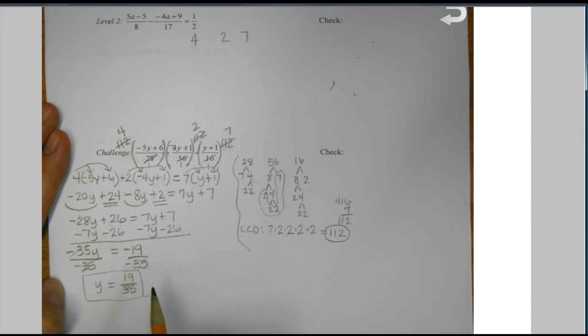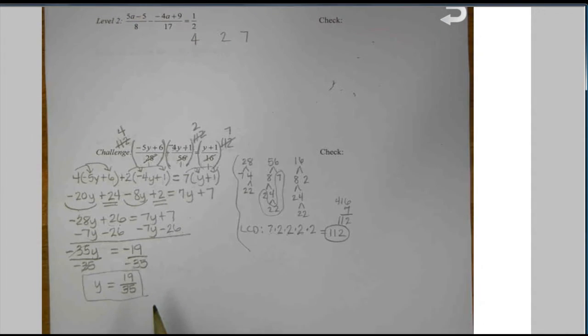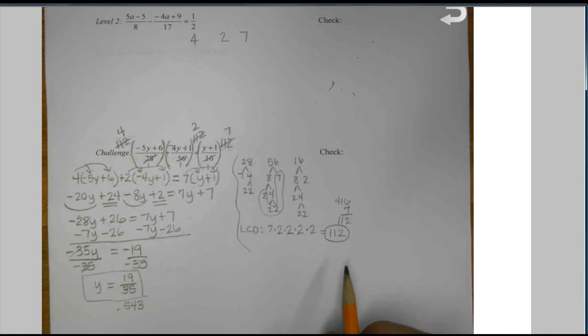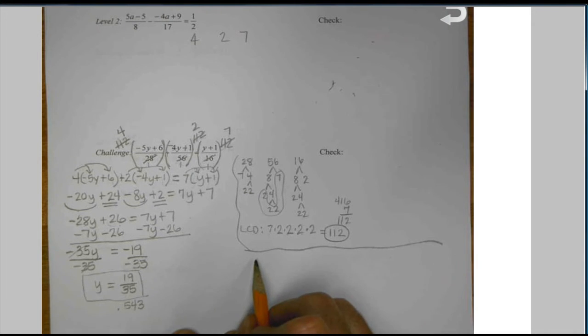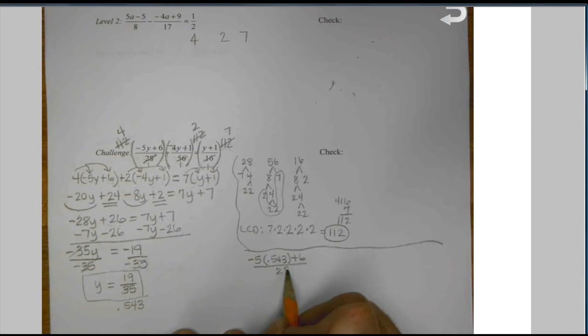Now, to check this problem, I could convert 19 over 35 into a decimal by doing 19 divided by 35, and I get 0.543. We'll go out 3 decimal places. I can work back from the original problem and plug in negative 5 times 0.543 plus 6 over 28.